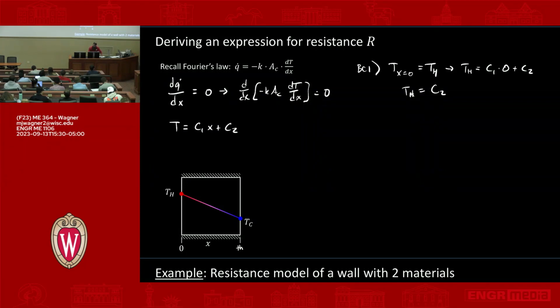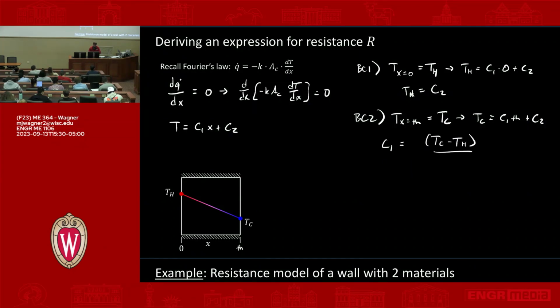Boundary condition 2 is very similar. We say T at x equals thickness is equal to T_C. Enforcing this, T_C is C1 times thickness plus C2. Solving that, C1 is equal to T_C minus T_H over thickness. Everybody see how we got there?